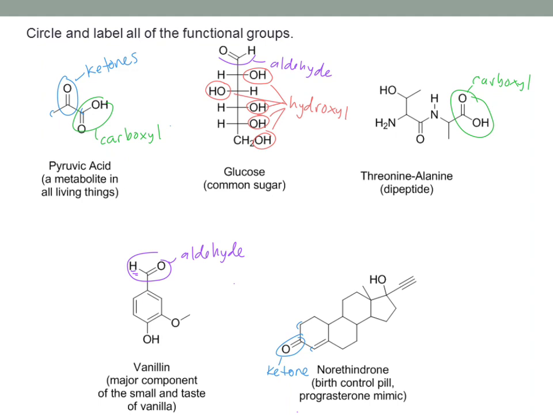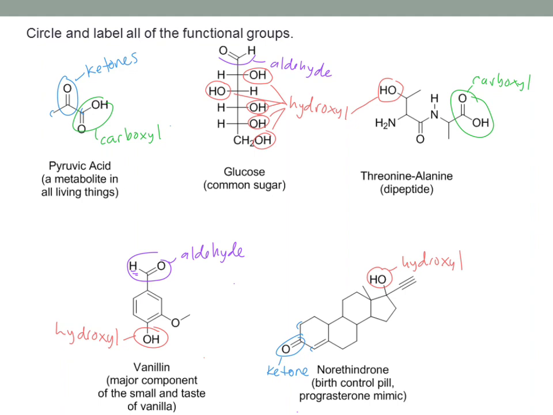And if I go to the threonine alanine dipeptide, here's another hydroxyl right up there. Got one in there. Vanillin looks like we have a hydroxyl down here. I'm not circling this oxygen over there on the right because it's attached to a carbon, not an H. And then I have one more hydroxyl up here. So that's all my hydroxyls that I can find.